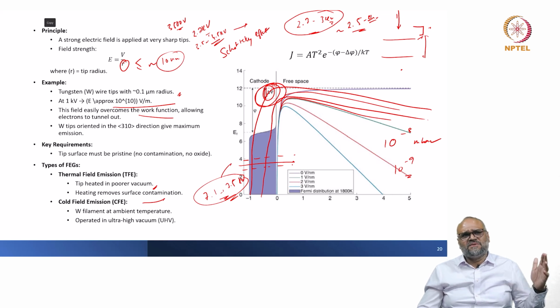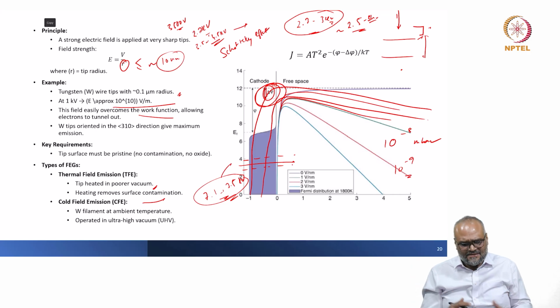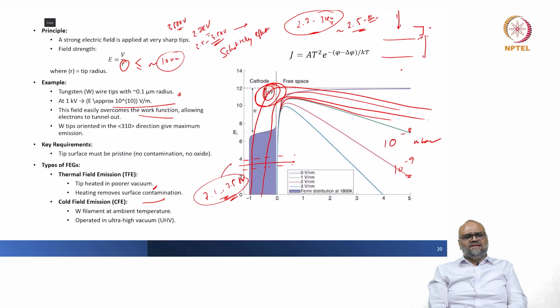So, the main difference between a thermal FEG and a cold field emitter is that once you switch on a thermal field emission gun, you always keep it on over a long duration, unless there is special maintenance where you are bound to switch off the field emission system, whether it is within an SEM or within a TEM.